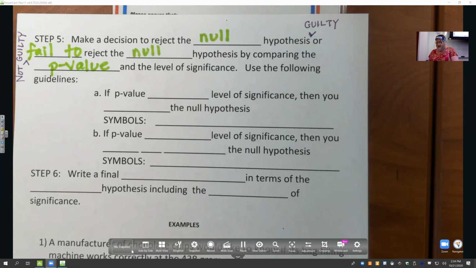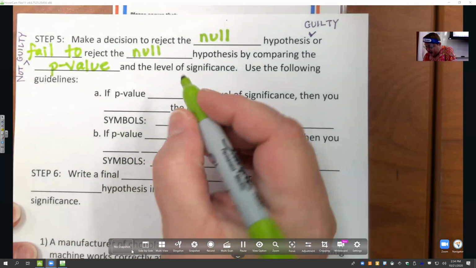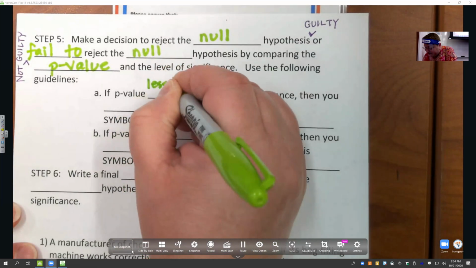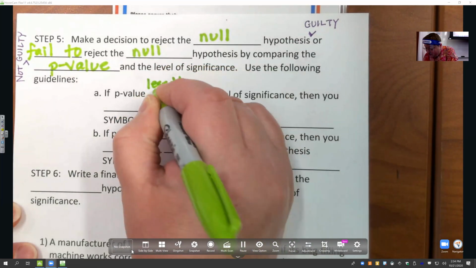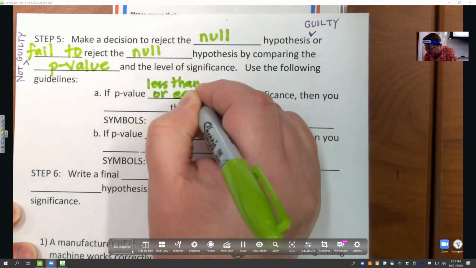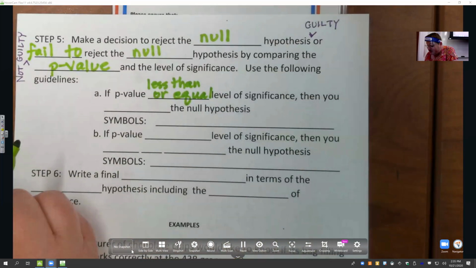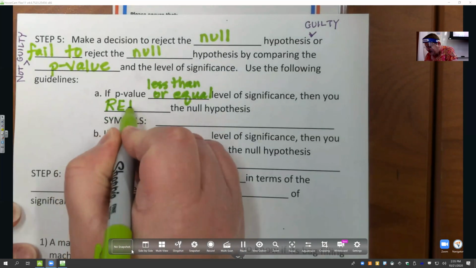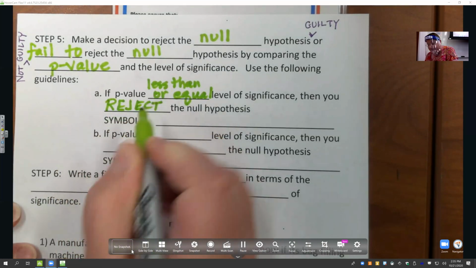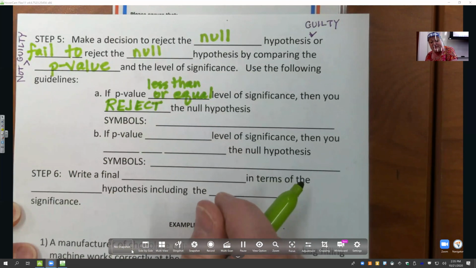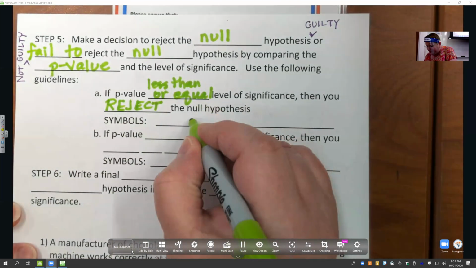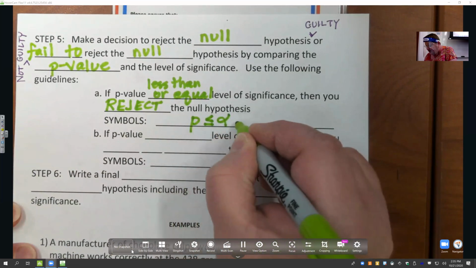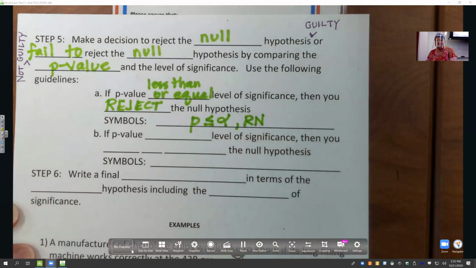So if the p-value is less than or equal to the level of significance, then you reject the null. In symbols, we would usually write P is less than or equal to alpha, we reject the null.